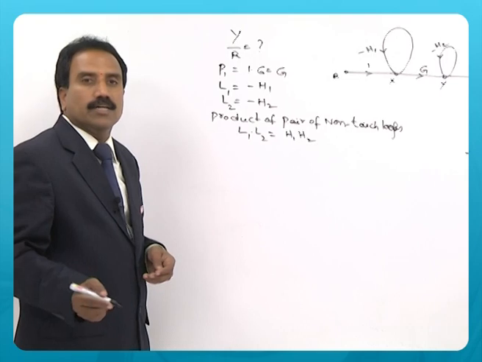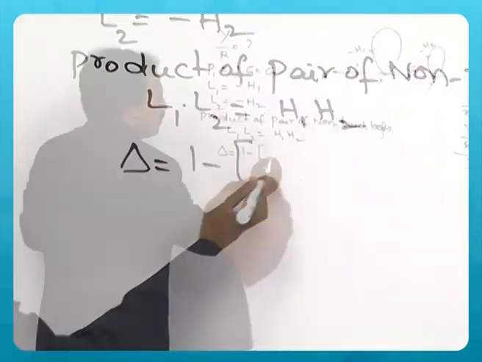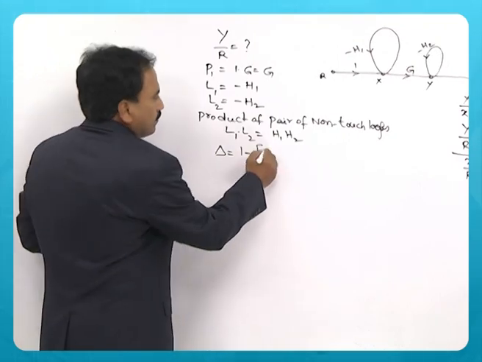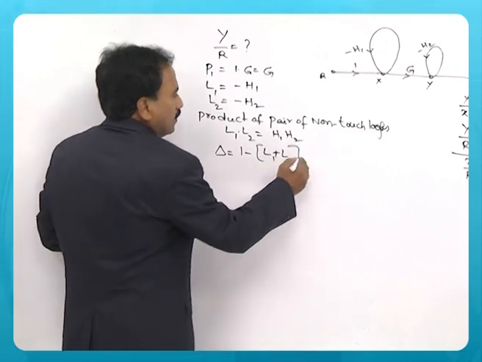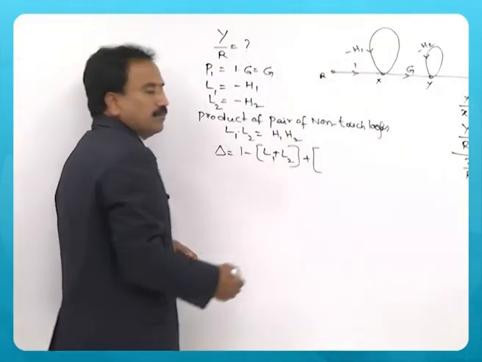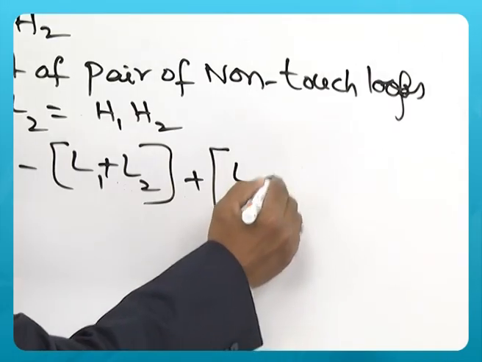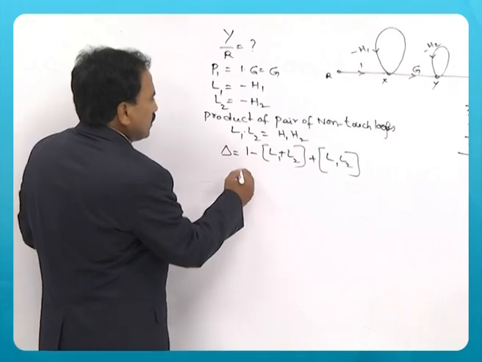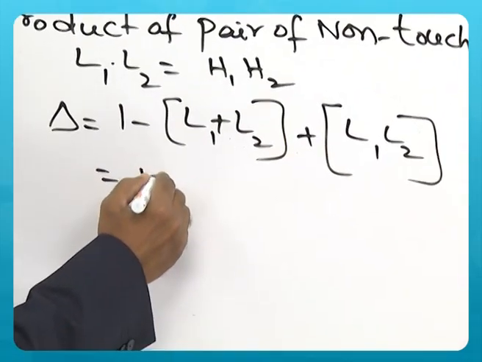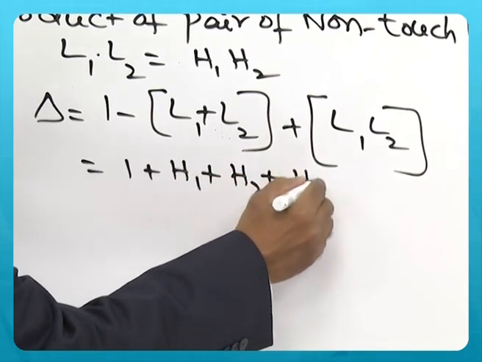Now what is delta? Delta is 1 minus the sum of the loop gains L1 plus L2, plus the product of two non-touching loops, that is the pair L1 L2. So it is given by 1 plus h1 plus h2 plus h1 h2.